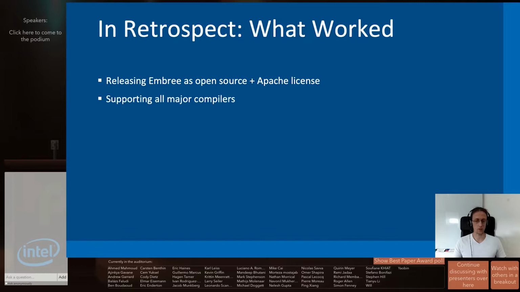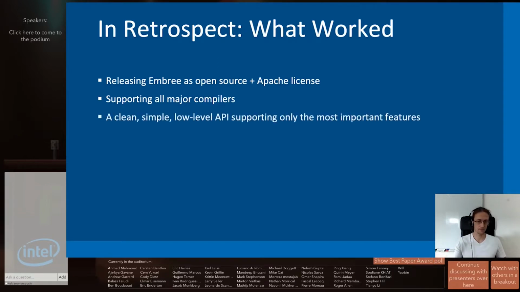If you don't support the favorite compiler of the application, you're basically screwed. They won't adopt it. So we had to support a lot of different compilers. Focusing on a clean, simple, low-level API, supporting only the most important features. This was really important because it allowed us to focus on the most important things that our customers needed.